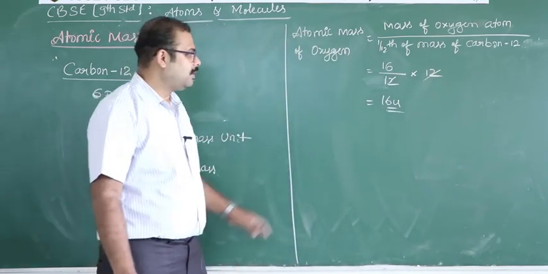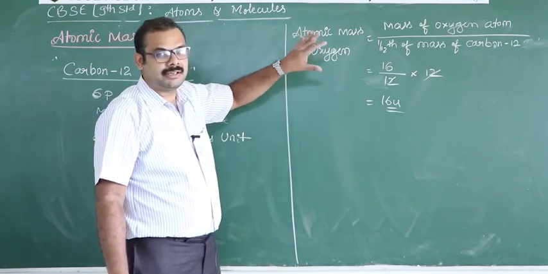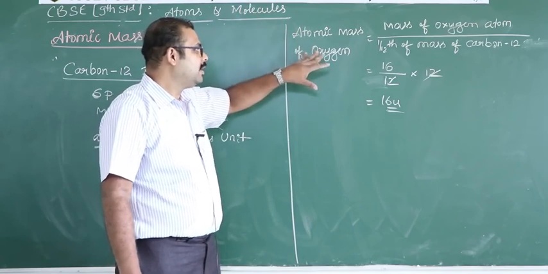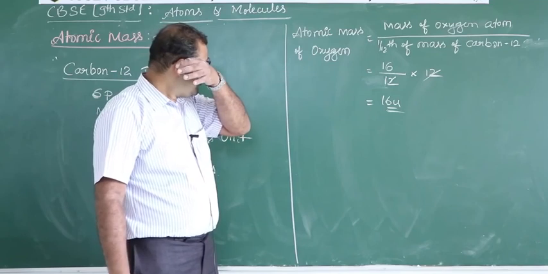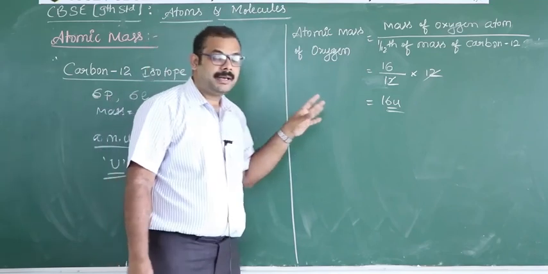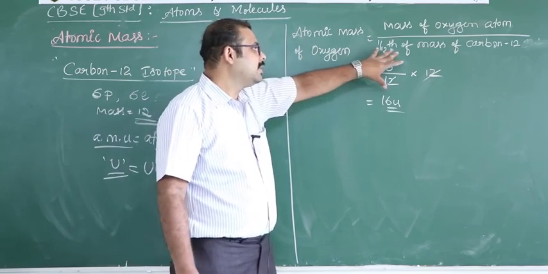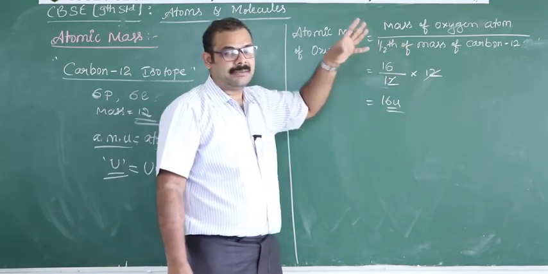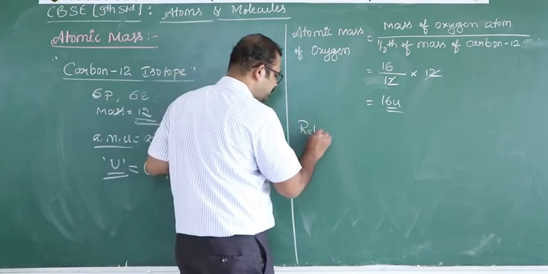In the 9th standard we are not going to discuss how to measure the mass of an atom. It's just a method of representing the mass of an atom. Here we are comparing the mass of a particular atom with the mass of a standard unit, and this comparison is what we call relative atomic mass.